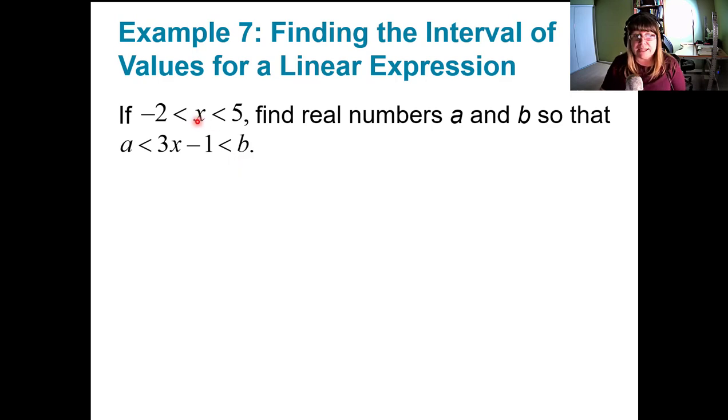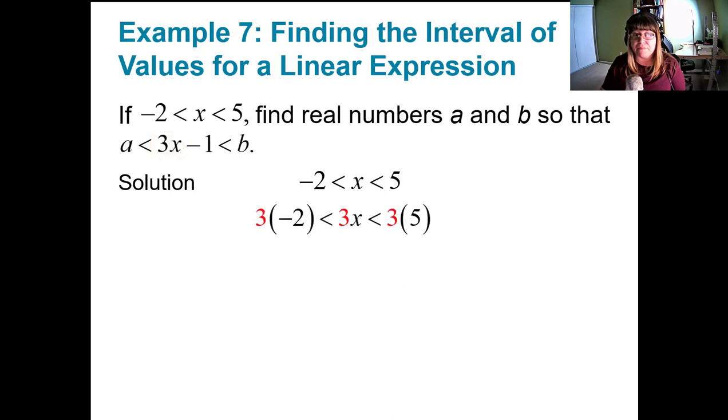Now we know x can range from negative 2 to 5, so let's start there. Taking what I know about 3x, if I multiply this x in the middle, I would have to multiply both the left and the right by 3. And I get negative 6 is less than 3x is less than 15. All right, I'm almost there.